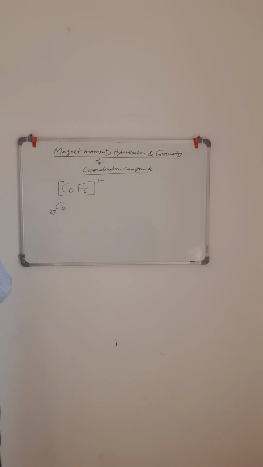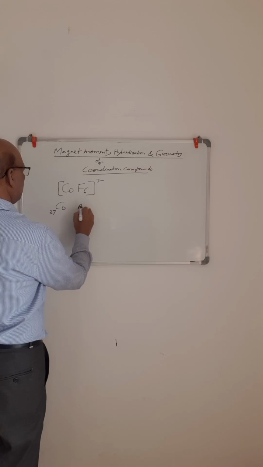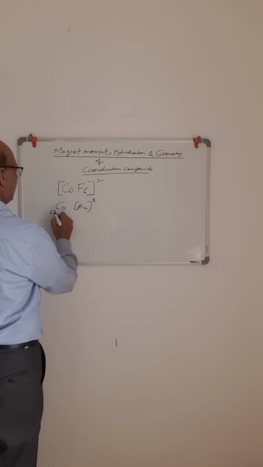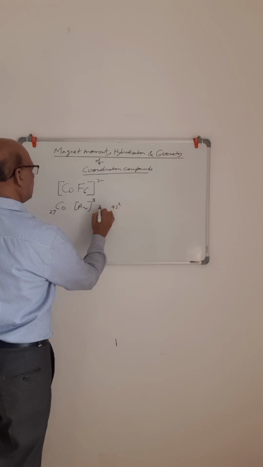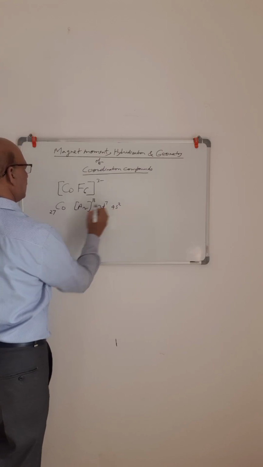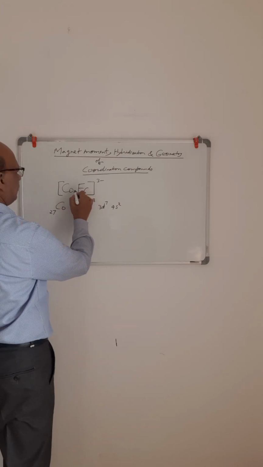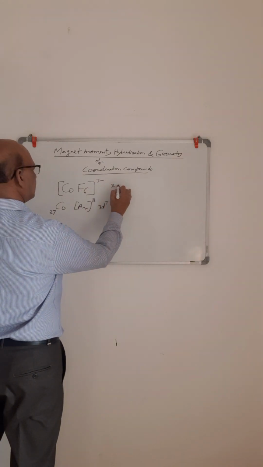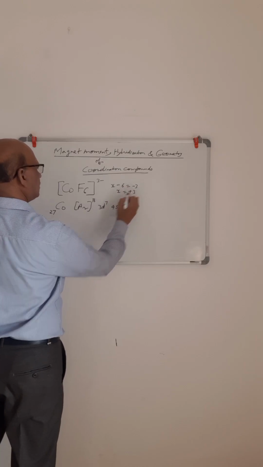So first we will write the electronic configuration of cobalt 27, that is argon 18, remaining 9 electrons, so 4s2 3d7. Okay, now what is the oxidation state of cobalt here? x minus 6 equal to minus 3, so x equal to plus 3.